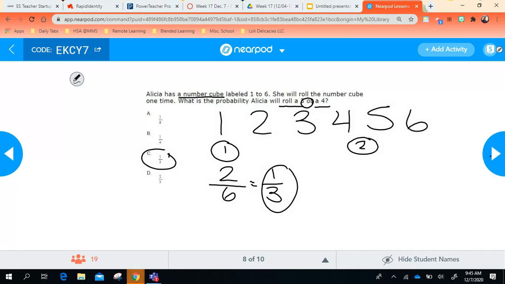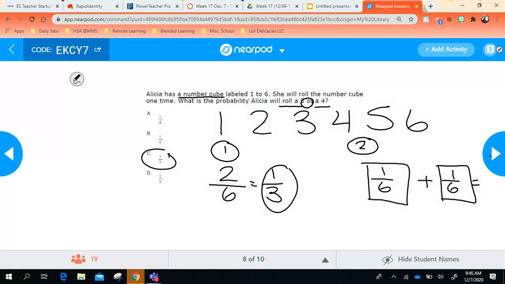But there is a second way that you can do it. With it saying or, is it multiplication or addition? We said it was addition, right? So if we're looking at rolling a 3 or a 4, the probability of rolling a 3 is 1 out of 6, and the probability of rolling a 4 is 1 out of 6.